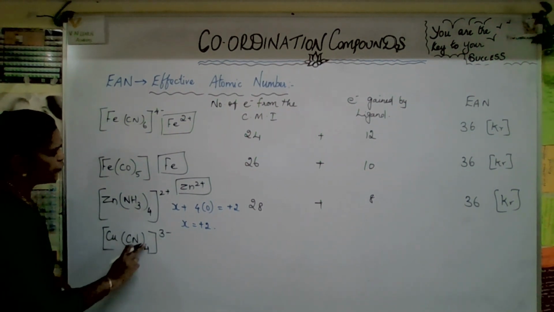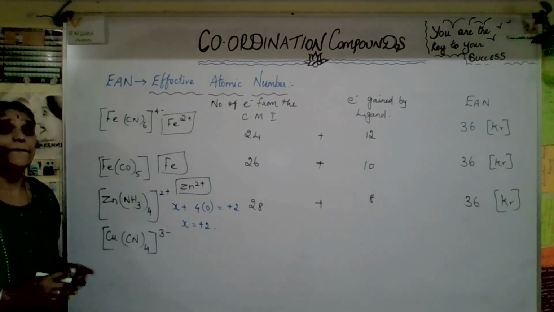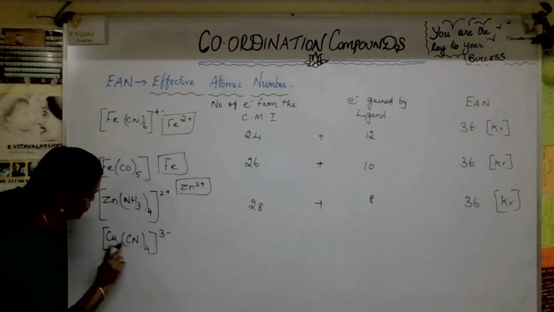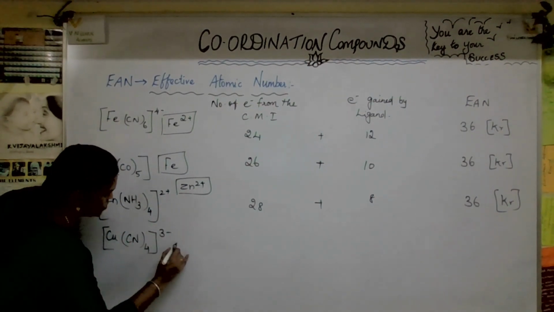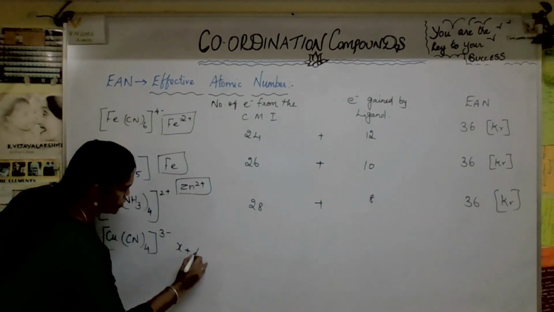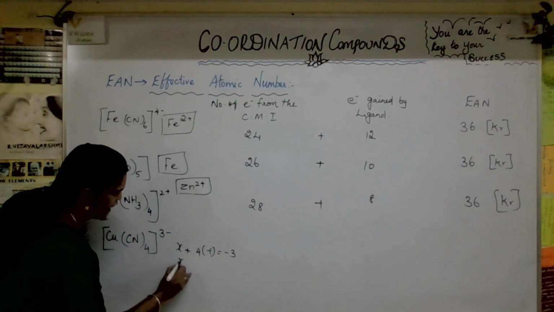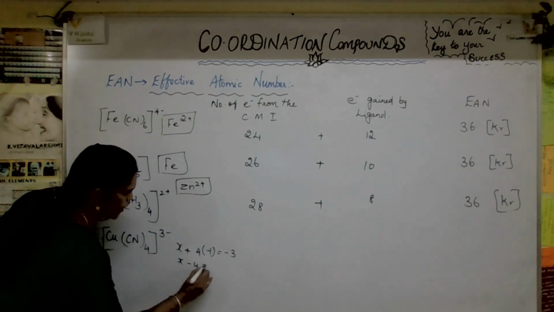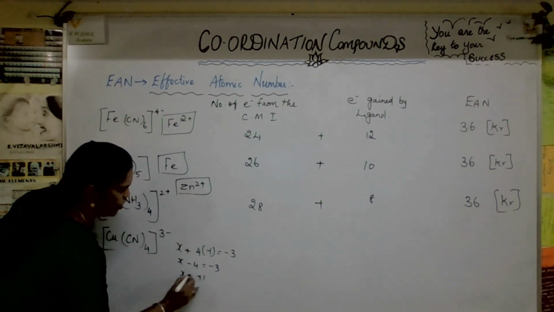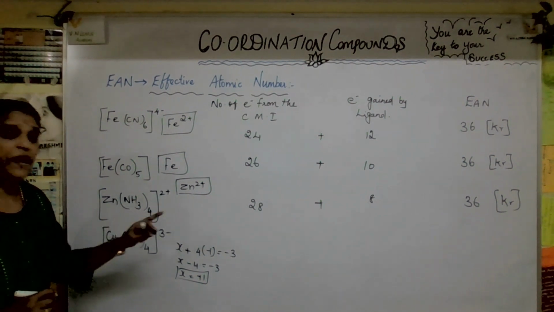Okay, now the last one, Cu(CN)4 3 minus. Now just to check, pause the video and find the answer. Cu(CN)4 3 minus. So central metal ion X plus CN minus 1, right? So 4 into minus 1 equal to minus 3. So X minus 4 equal to minus 3. So X equal to plus 1 oxidation state. Atomic number of copper is 29.